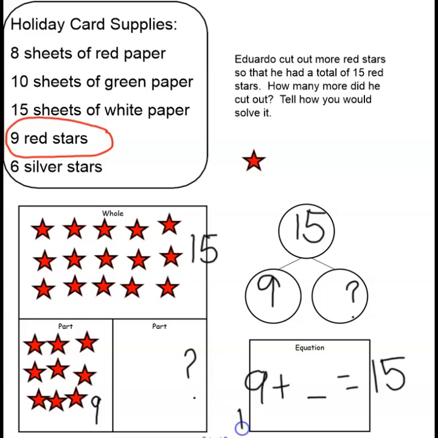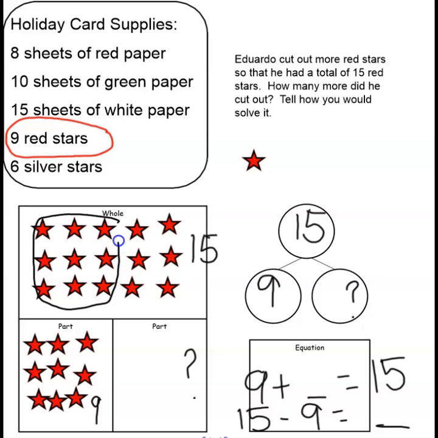We also could think if we had 15 and we took 9 away that we started with, how many did he actually cut? How many more did he cut? So let's think, if we have our 15 and he already had 9, I'm going to circle 9.